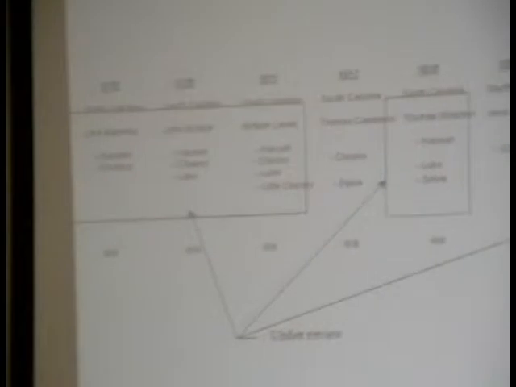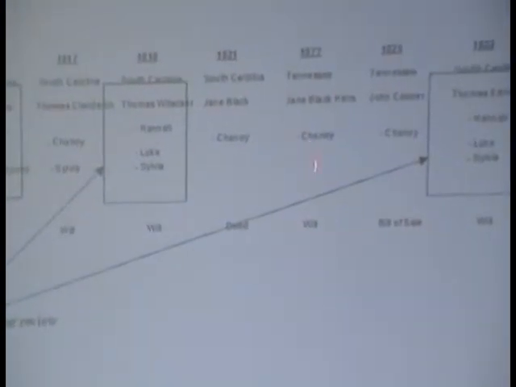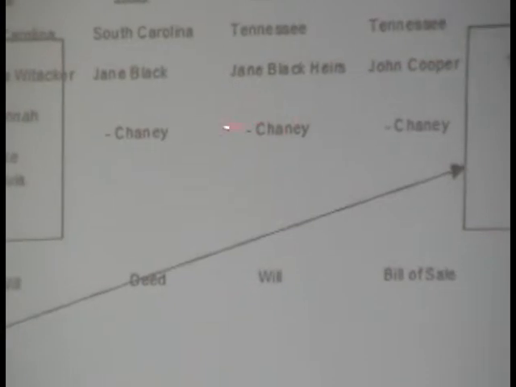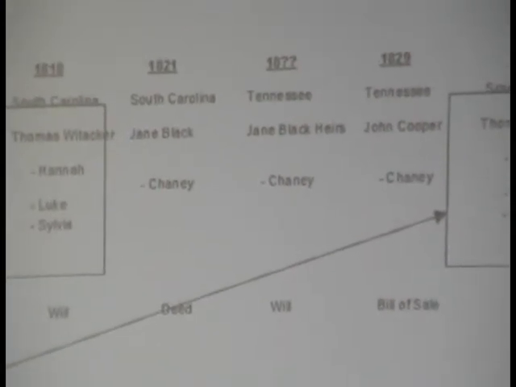Found out that the lady received Cheney as a gift from her father. And that turned out to be a bill of sale. First, it was a bill of sale here. But then I chased Cheney back in a will where when she died, she left Cheney to her kids.